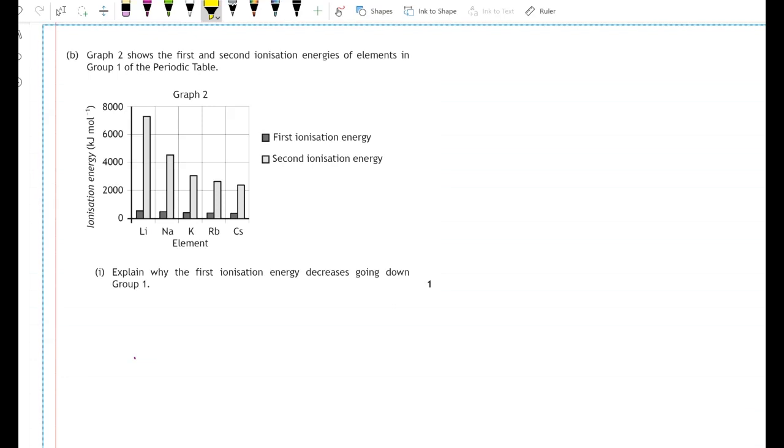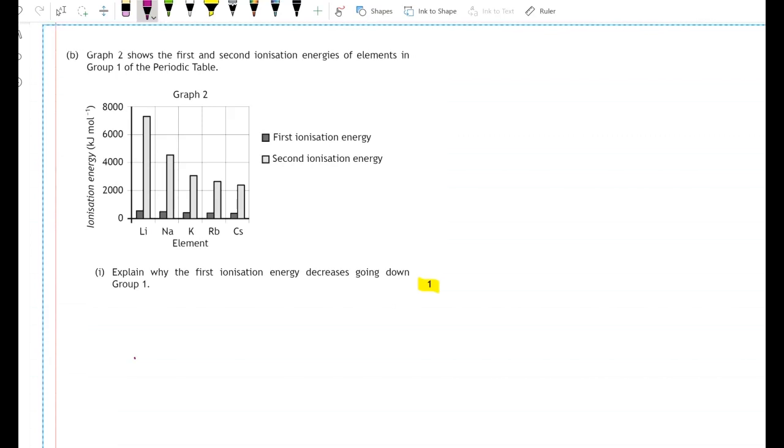So, the first part of the question is explain why the first ionisation energy decreases going down group 1. It's worth 1 mark.